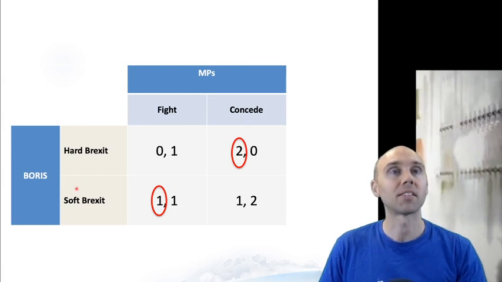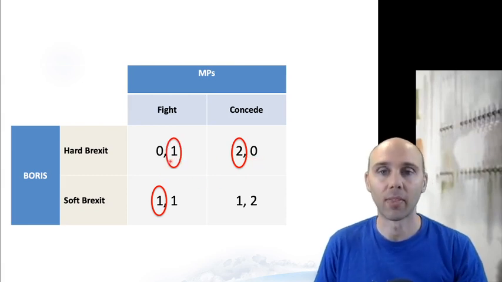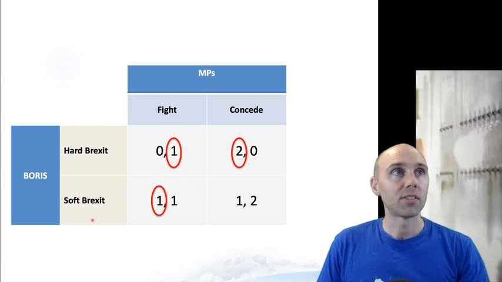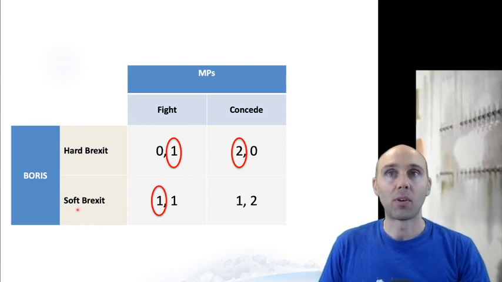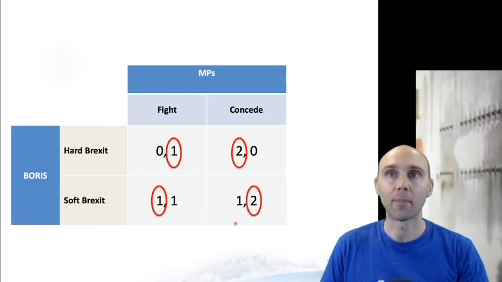Now, what about the best responses for the MPs? Well, then we put ourselves in the mind of Boris first. If Boris does a hard Brexit, the MPs' choice is between getting a 1 for fighting it or a 0 to concede. So 1 is better. We put a circle around that. And if Boris proposes a soft Brexit, well, now the MPs would prefer to concede to it. 2 beats 1, so we put a circle around that.